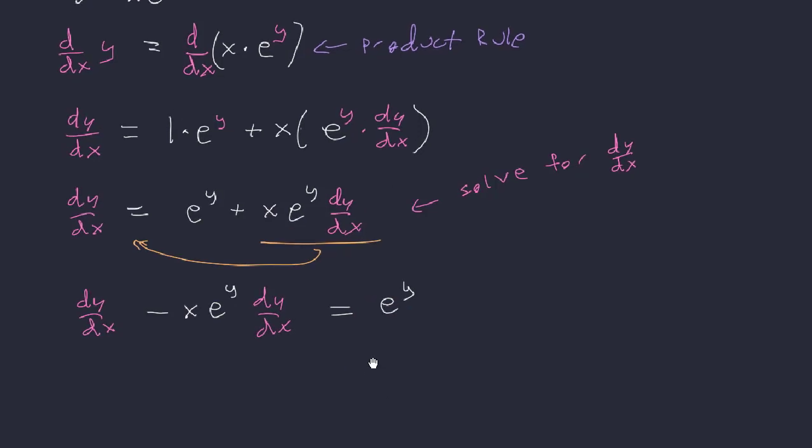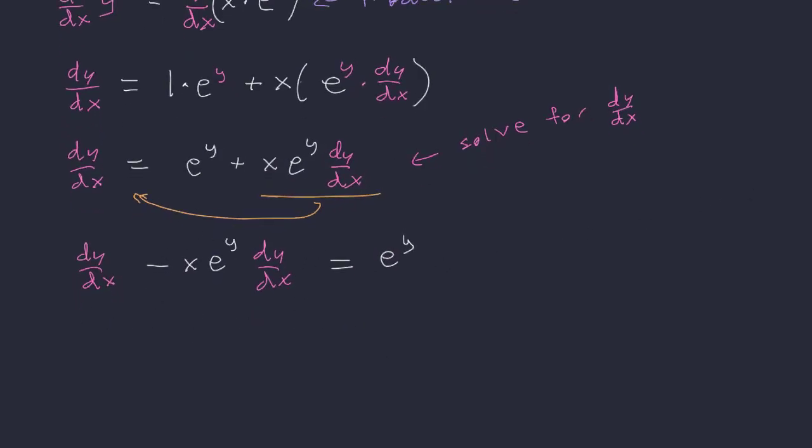Okay. Now we can factor out the dy/dx, and again, the more you do this, the more you will start to get comfortable with the fact that you're always factoring out the dy/dx. So a lot of times people will skip right to this: 1 minus x e to the y is equal to e to the y.